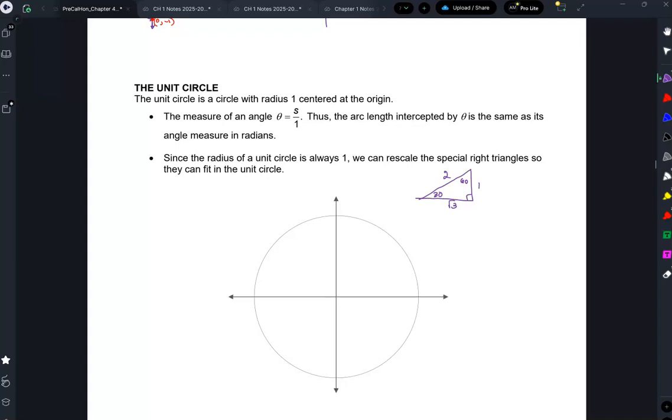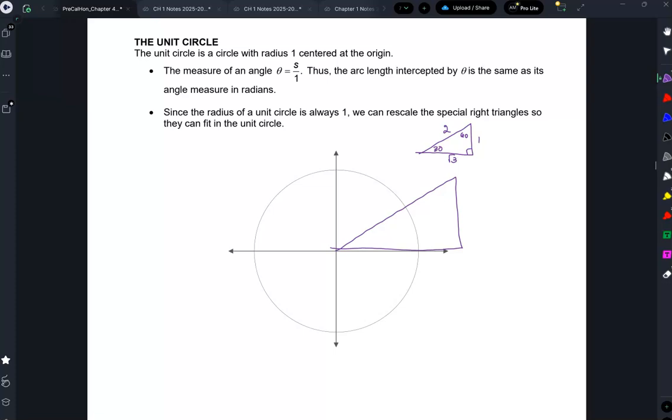If this hypotenuse is 2, it can't fit in there. Don't draw this. But if that hypotenuse is 2, it would look like that, right? The radius of this is only 1. A triangle with a hypotenuse of 2 would look like this. That doesn't fit in this. So what we need to do is rescale that triangle so the hypotenuse is 1.